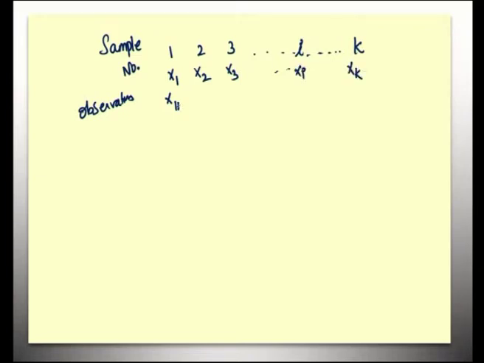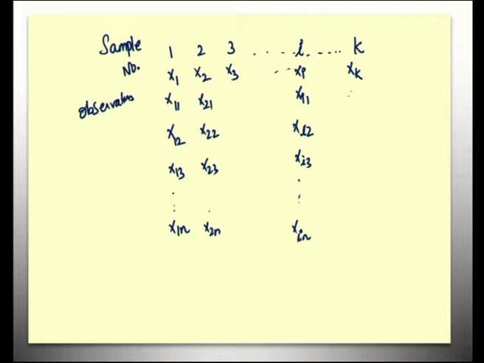So the observations will be x11, x12, x13 up to x1n. Similarly, x21, x22, x23 up to x2n. The ith one will be xi1, xi2, xi3 up to xin. And similarly we can write for the kth sample.